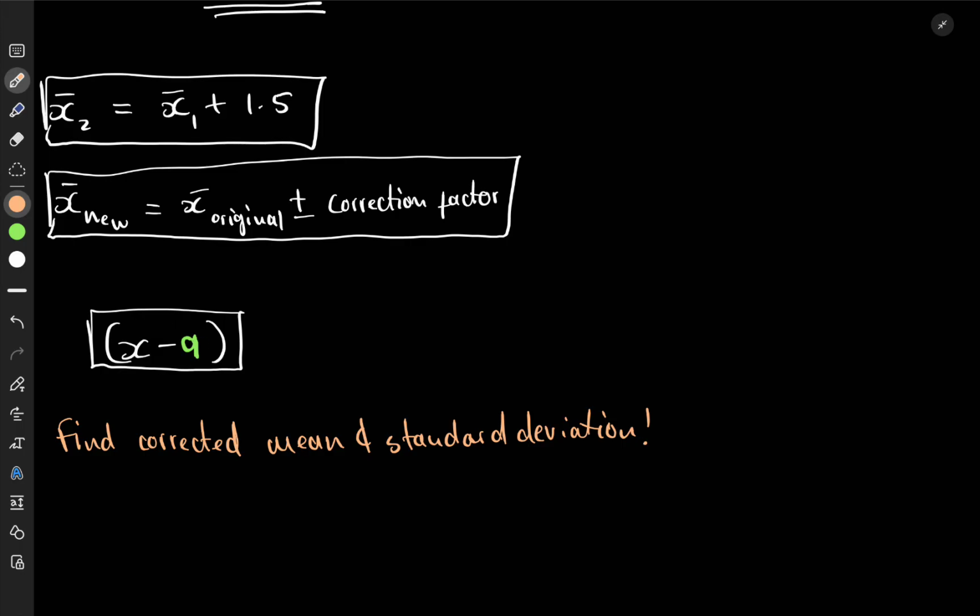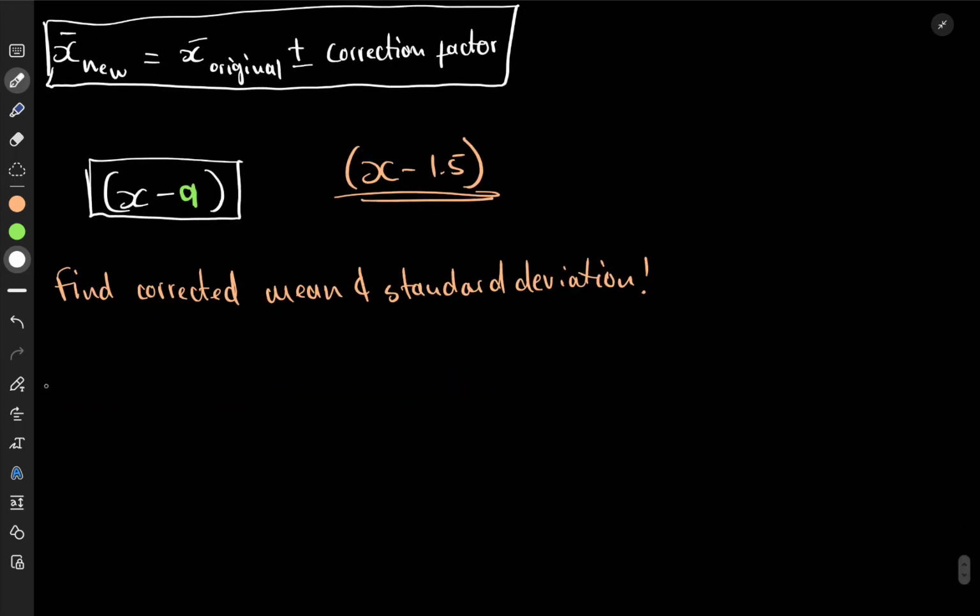When you have x minus a, what does it mean again? It means the data you have is less than what it should be. For our case, we would have said our data is x minus 1.5, because we found our data is 1.5 less. They'll say that the mean for x minus 1.5 is this, blah, blah, blah. So here are the steps.